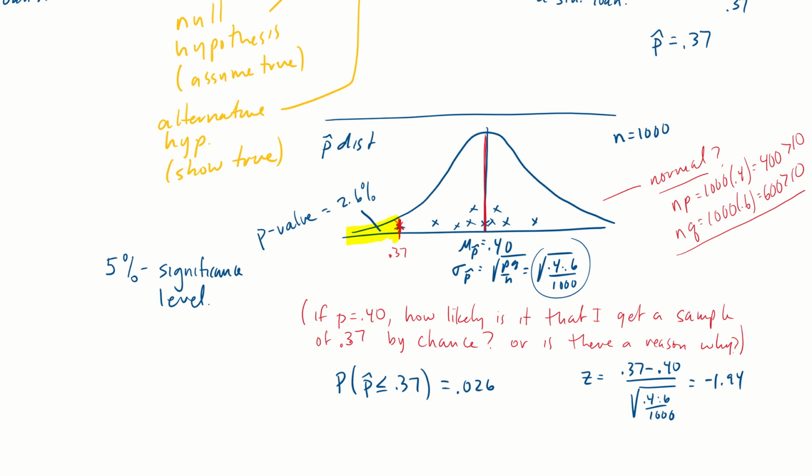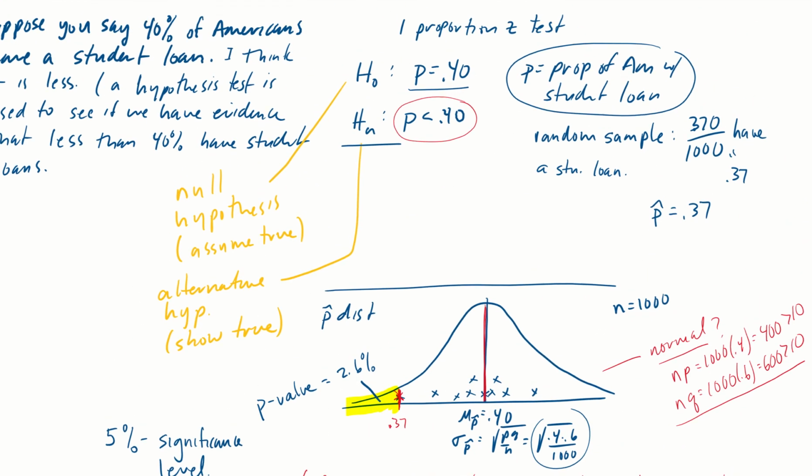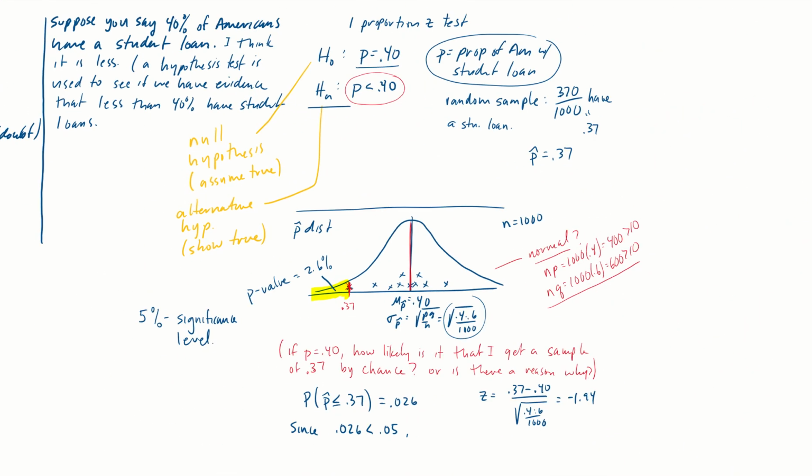And so I'm going to conclude this. I'm going to say, hey, since 0.026 is less than 0.05, I don't think it happened by chance. So the question is, why did it happen? Well, it happened because P isn't really 40. P is actually less than 40. P is like 39 or 38.